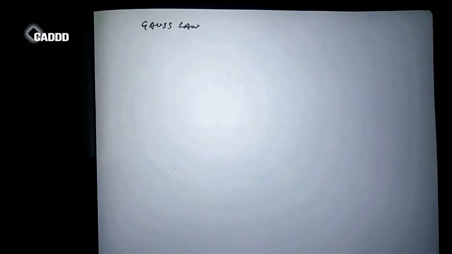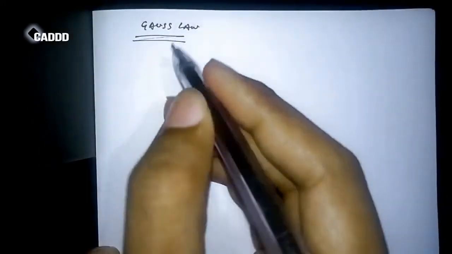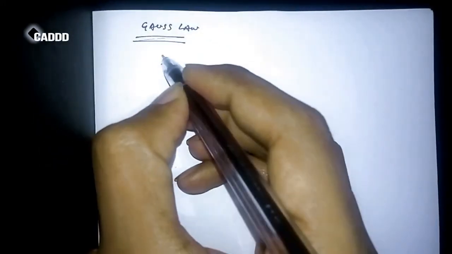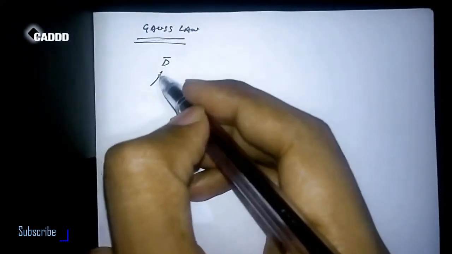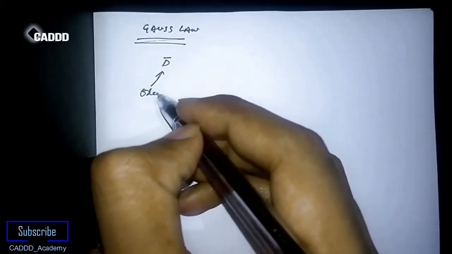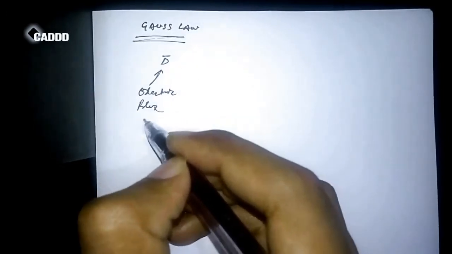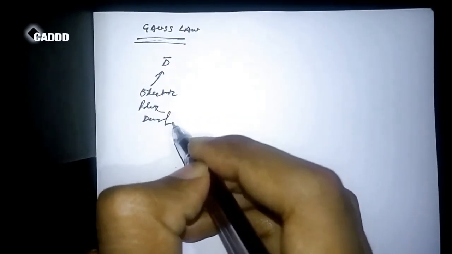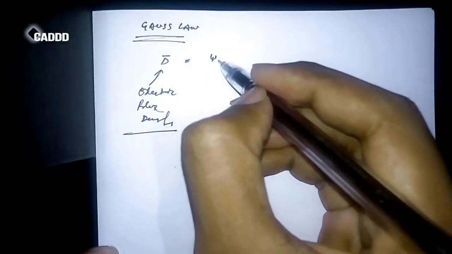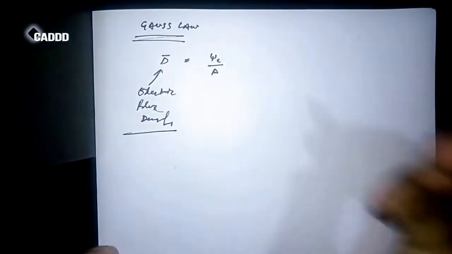In this lecture we will discuss the Gauss law. So as we know guys, electric flux density is flux per unit area.